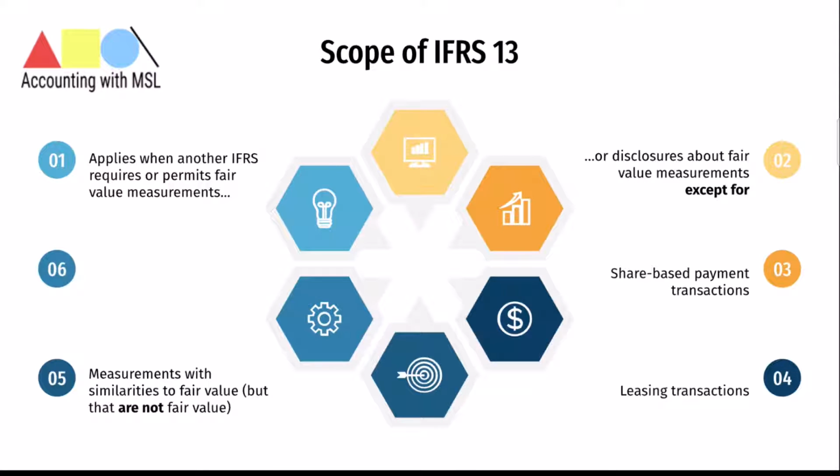An example would be net realizable value as used in IAS 2 inventories, or value in use as used in IAS 36 impairment of assets. It's important to mention that additional exemptions apply to specific disclosures as required by IFRS 13.